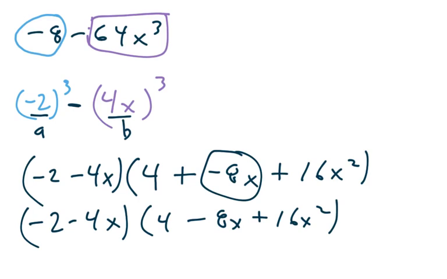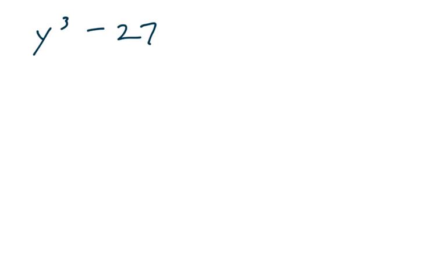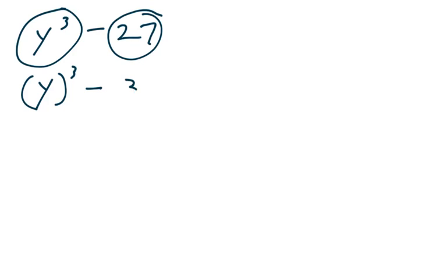I think we ought to do one more cube just to make sure we got it. So guys, here we have 2 perfect cubes again. Y cubed is literally y that's cubed. I have a minus. The 27 is a 3 cubed. Got to know those cube and square numbers really well, guys. Got to recognize it. But anyways, here's how we would factor this one. I would take the A minus the B, as we said.